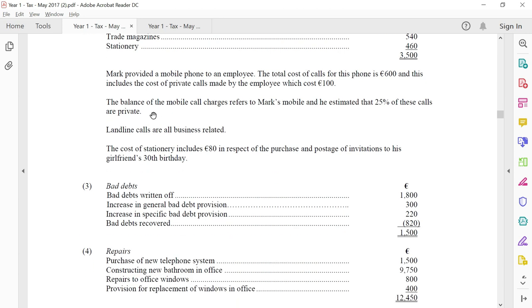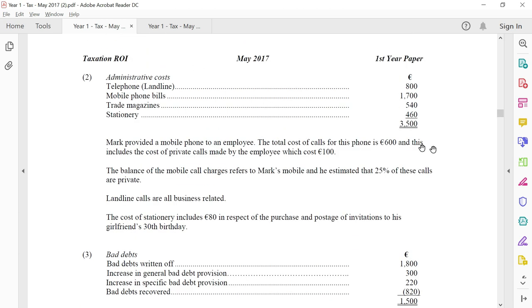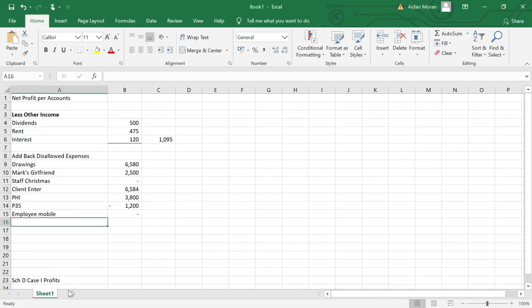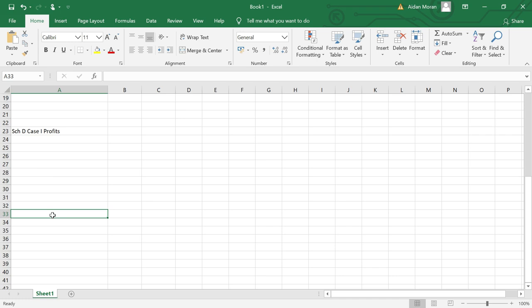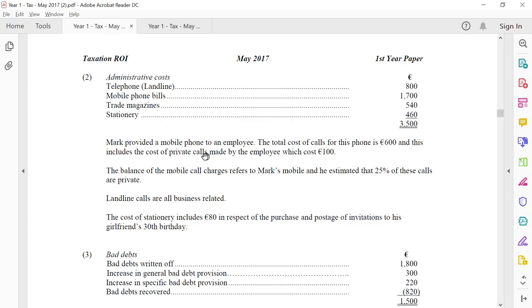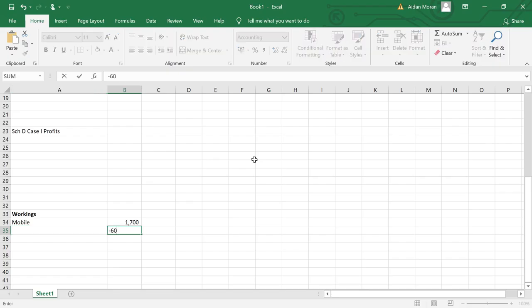The balance of the mobile call charges refers to Mark's mobile, and he estimated 25% are going to be private. Okay, so I will need to do a slight little working here. I'm pretending I'm in the exam. My mobile calls were 1,700 in the question. 600 of this refers to his employee, so I take away 600.